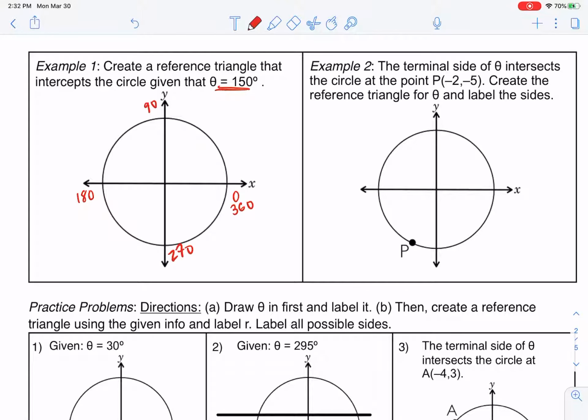Now I'm going to draw the initial side of my angle, which is the positive x-axis. And I know that 150 is between 90 and 180, a little bit closer to 180 than it is to 90. So here's my angle theta.